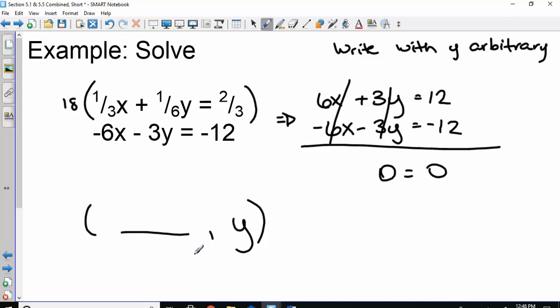So how would I find that thing for my x? You could just think about substitution to solve one of these equations for x. So if I solve this one for x, I could add over my 3y.